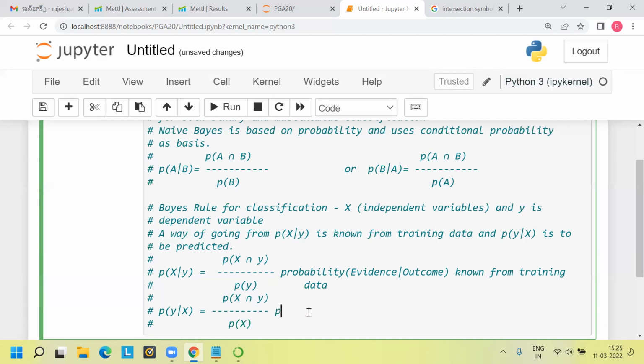So what is this? Probability of outcome given evidence. This is to be predicted.